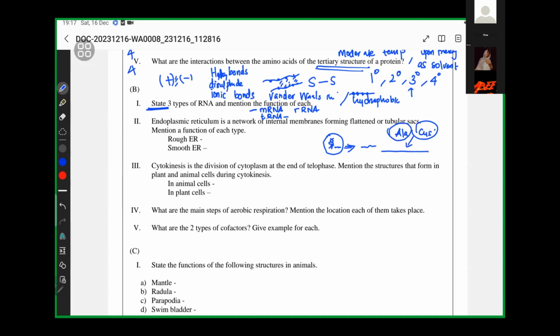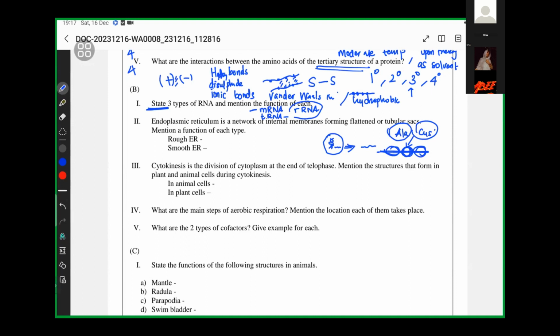So if this is the site of protein synthesis, this guy brings the amino acids in the place to build a protein chain. So the next one is the ribosomal RNA, which is the RNA present in the ribosome, and it provides a site for the polypeptide assembly during the protein synthesis.